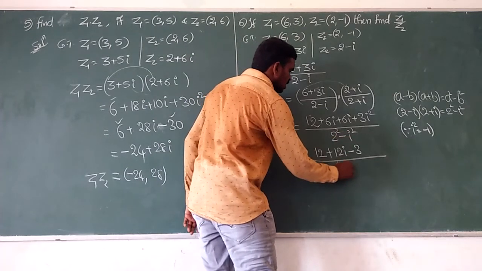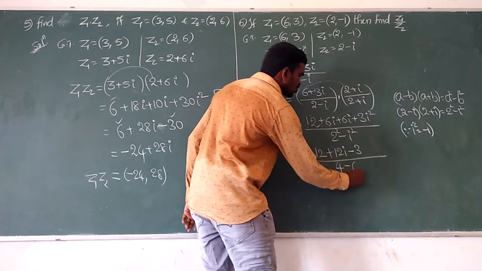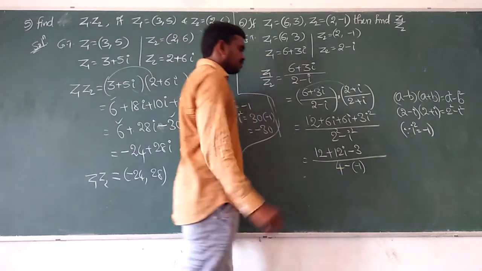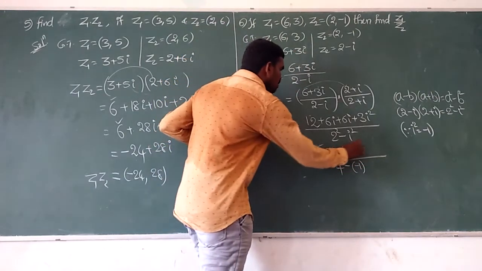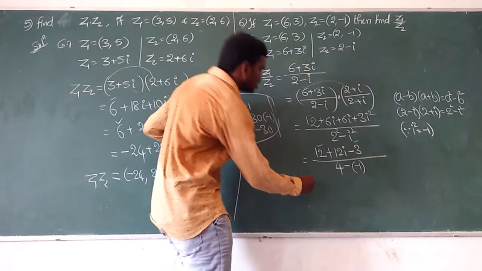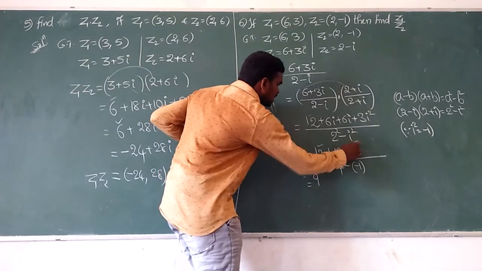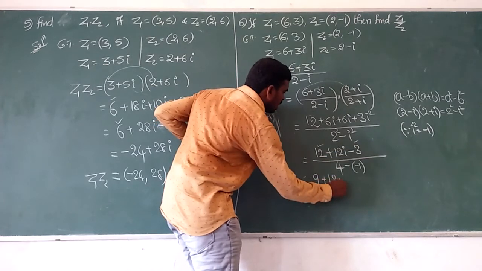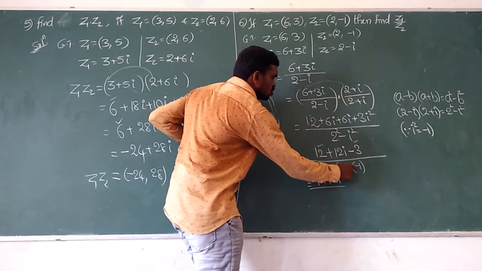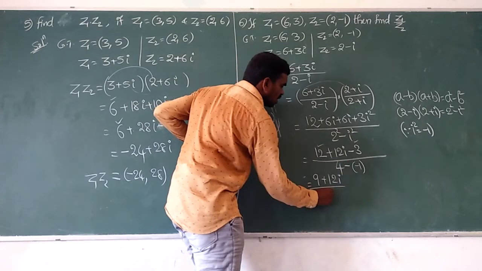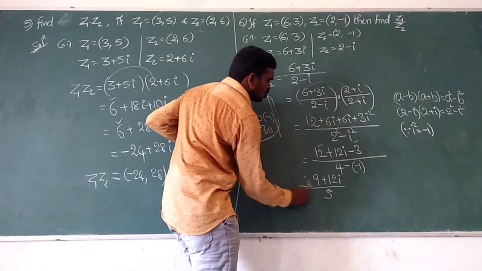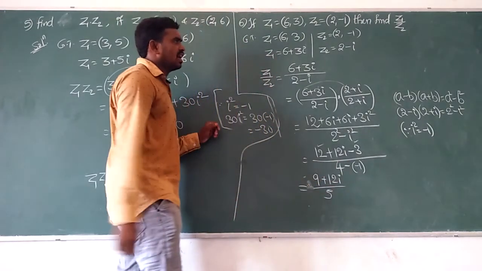Next minus i square means i square value minus 1. Next 12 minus 3, how much? 9. 12 minus 3, 9 plus 12i by, see, minus into minus plus, 4 plus 1, 5. So 9 plus 12i by 5.